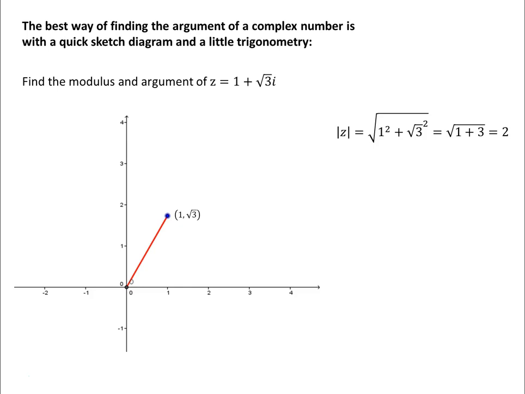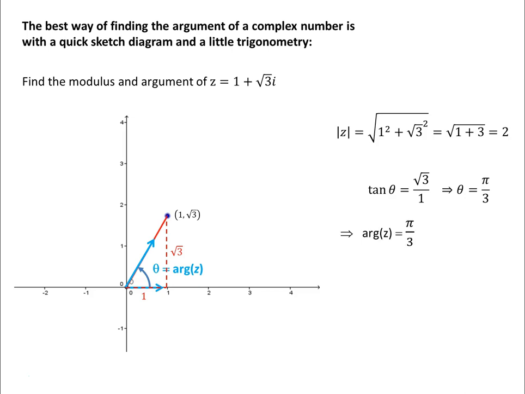And then for the argument, we have a right angled triangle set up with an adjacent side of 1 and an opposite side of root 3. So we've got tan theta is equal to root 3 over 1, which means that theta equals pi by 3.